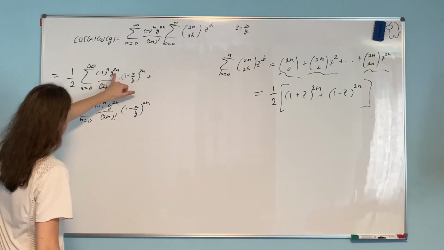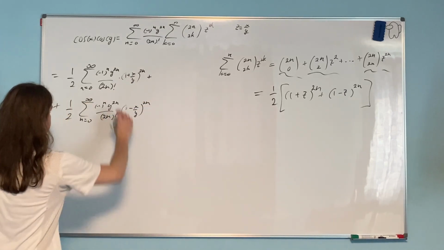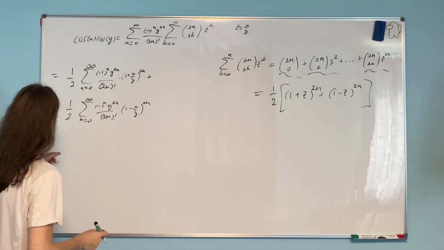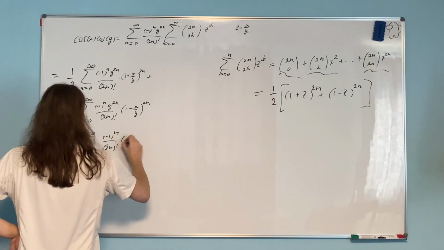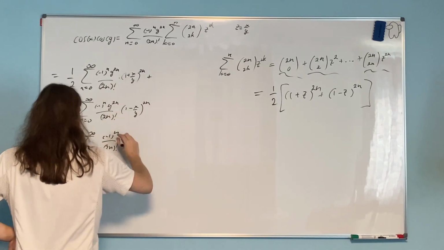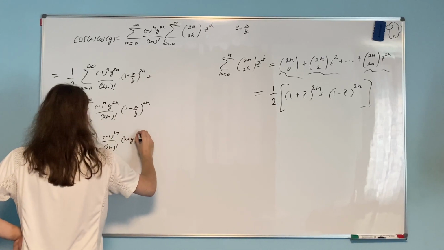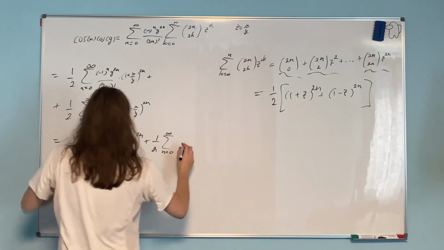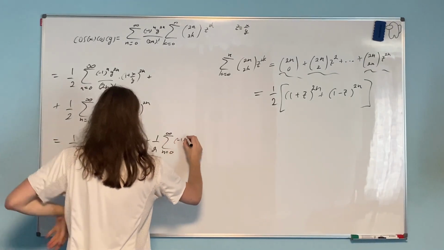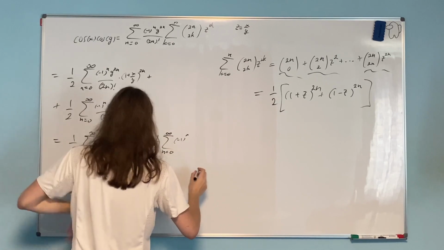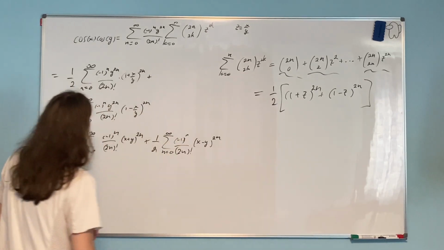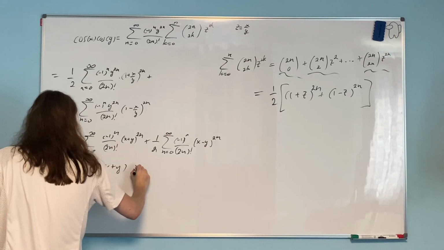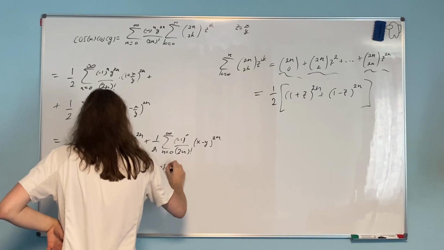And now since y and this thing in the parentheses both have the same power, I can distribute y here and y here and get 2 sums. This one would be y plus x, or x plus y, it doesn't matter here. And another sum that has y minus x, but since this is an even power, I can also just change the order. And these are now by definition 1/2 cosine of x plus y and 1/2 cosine of x minus y.